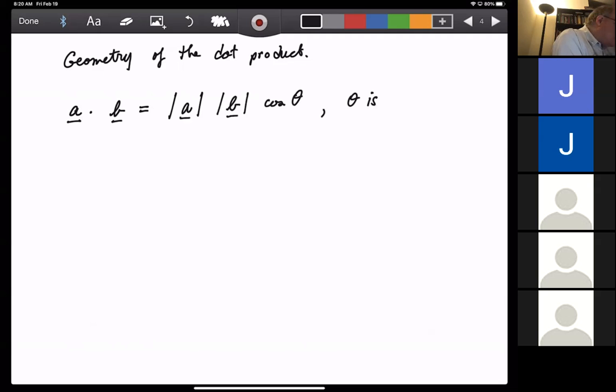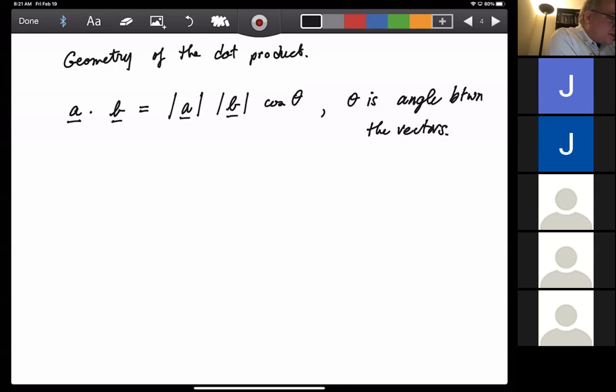Okay, and the theta here is the angle between the vectors.